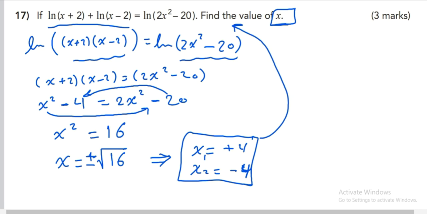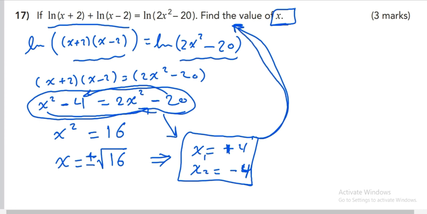Here we have a logarithmic equation, and we get values of x by solving quadratic equations. Positive 4 and negative 4 are the solutions of the quadratic equation. But which one of them is accepted to be the value of x in this equation? This is the question. Not all values for x can be accepted to be values of x in a logarithmic equation.